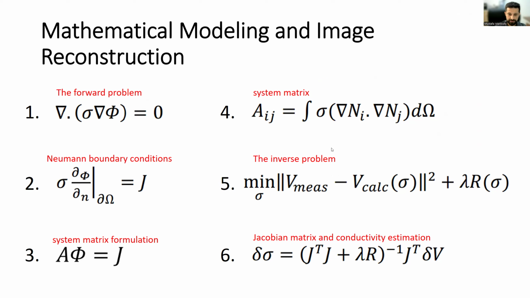The system matrix A is constructed on the basis of the finite element method discretization of the governing equation, and is defined as in equation 4. Here, omega is the domain, and Ni and Nj terms are the shape functions used in the finite element method to approximate the potential distribution within each element.